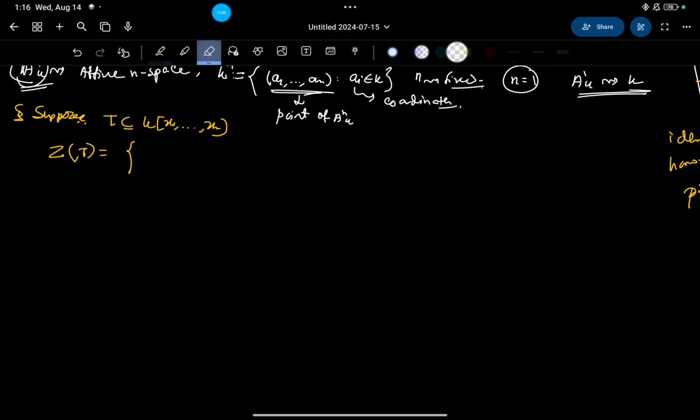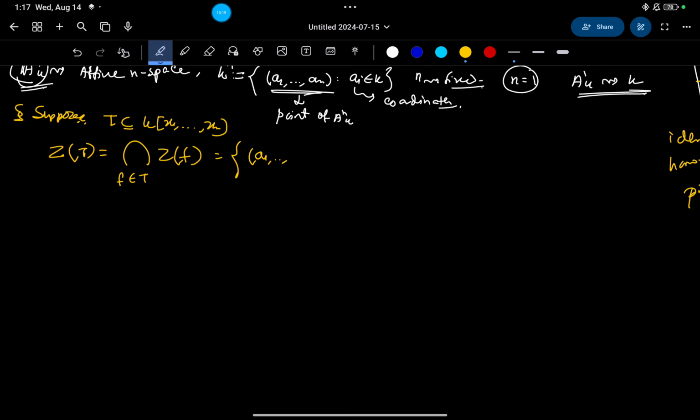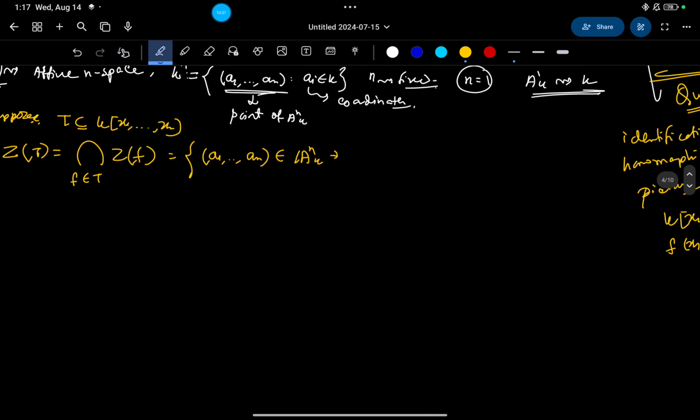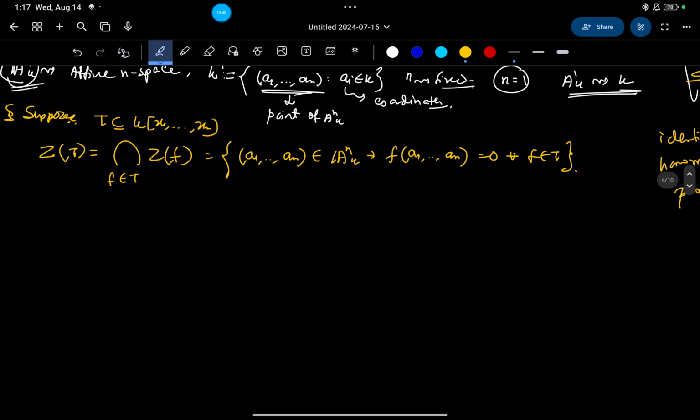Z of T is nothing but the intersection of all f belonging to T of Z of f. So it is nothing but the set of all (a1, ..., an) belonging to k^n such that f(a1, ..., an) is 0 for all f belonging to T.